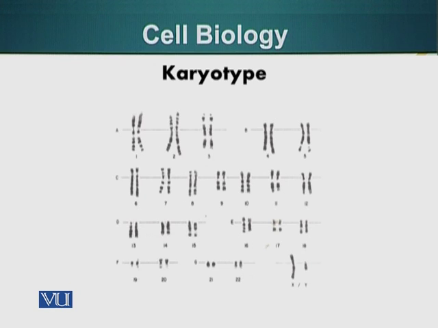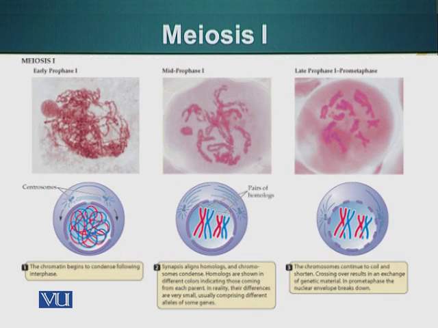So how do we reduce the genetic material in half? The trick is basically that the DNA divides only once, whereas the cell divides 2 times. So in this process, we end up with products which have half the amount of DNA as compared to the parent. Let's look at the process.